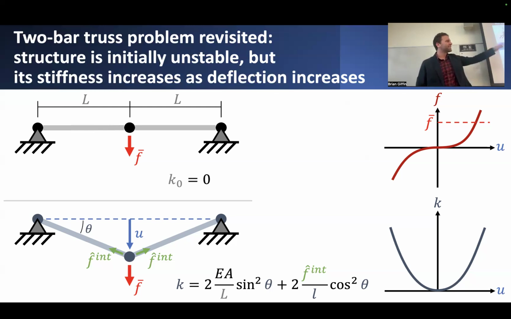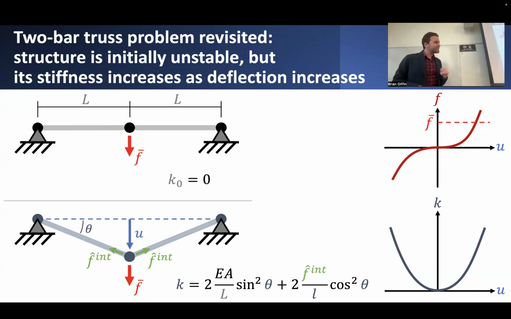So if we wanted to solve this problem, what we're solving for is the equilibrium between that resisting force, F, and the applied force, F bar. If we were to solve this in an incremental setting, we would basically traverse this kind of S-shaped curve, initially starting out with 0 stiffness until eventually we'll ramp up and hit the target applied transverse load.